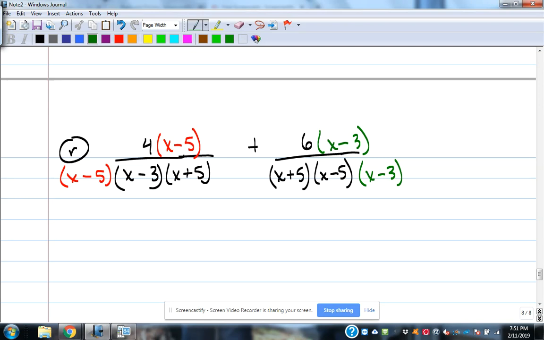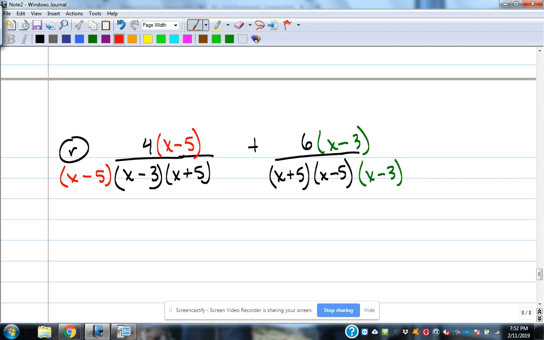Now, both denominators have the same stuff in them. May not be in the same order, but it's the same stuff. Both of them have an x plus 5. Both of them have an x minus 5. Both of them have an x minus 3. They have to match. That's part of being a common denominator: matching up.